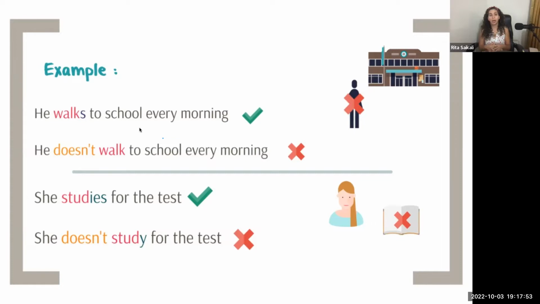So that is in the negative, and the other one is in the affirmative. And in the negative sentence, we do not add an s at the end of the main verb. She studies for the test. We conjugated studies. She doesn't study for the test. Study remained the same because the verb that is conjugated is the verb do.